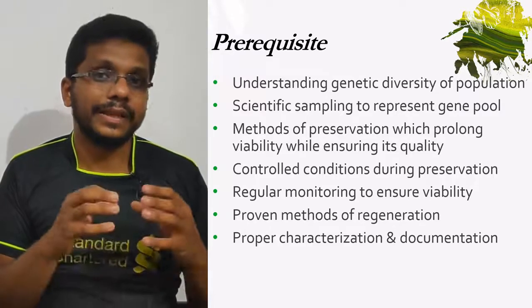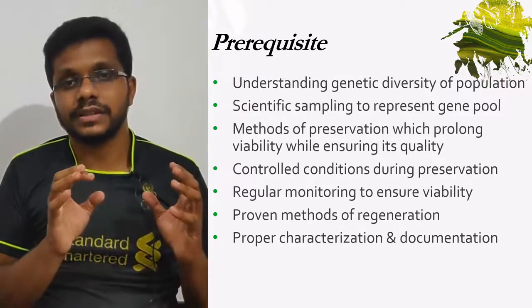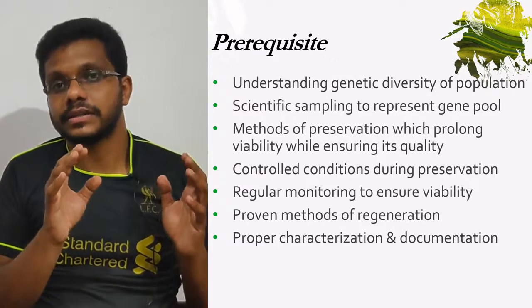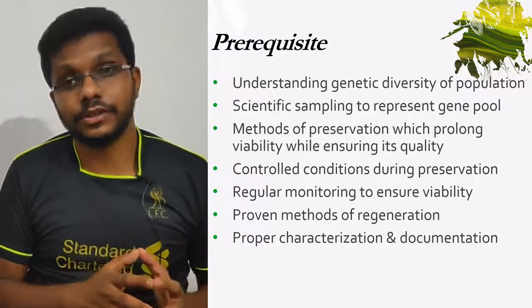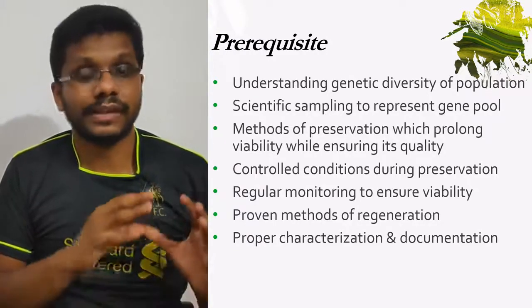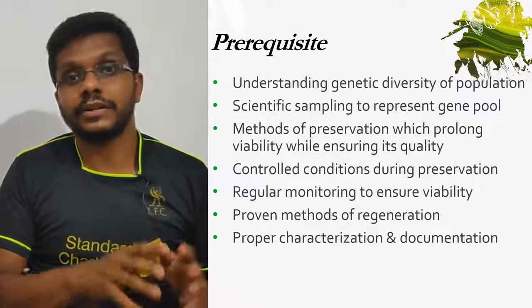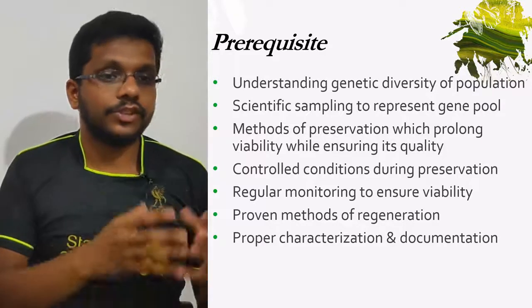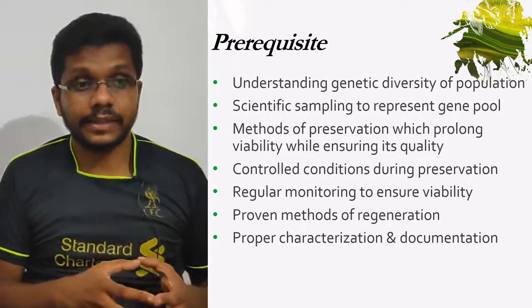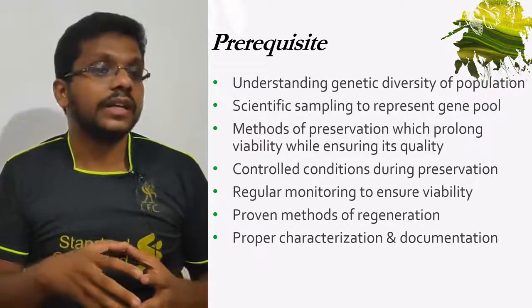There are some prerequisites for conserving something in a gene bank. First thing, understanding the genetic diversity of the population, because in order to have a representative gene bank, we should take samples from all variants of the population. And there should be scientific sampling to represent the whole gene pool.